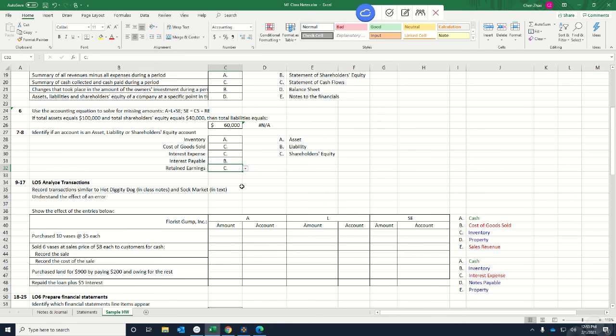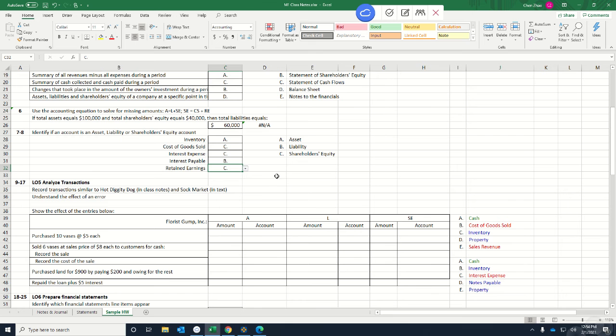Under shareholders' equity, on the usual balance sheet you may see in this module, there are just two parts: stock and retained earnings. So retained earnings is part of shareholders' equity.